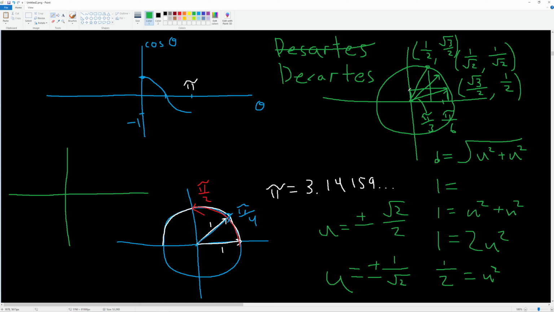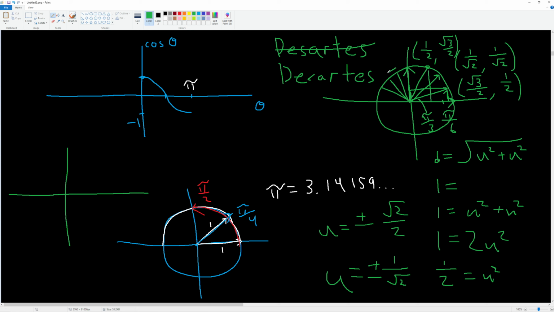But it's also good to be able to write out this entire unit circle, which has these angles, including at the coordinates 1, 0, 0, 1, negative 1, 0, and 0, negative 1. But also all of these. It's the same exact coordinates. You just change the plus and minus signs in front.